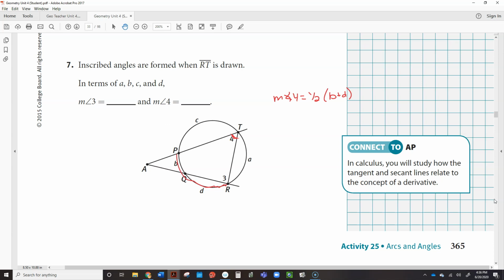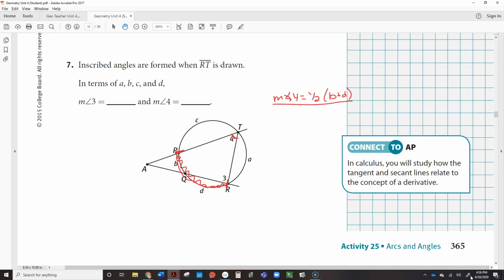So this side comes down and intersects the circle right here, and this side intercepts the circle right here, so all the stuff in the middle. So if we want to find the measure of angle 4, we have to do 1/2 B plus D. So that's the measure of angle 4 right there.